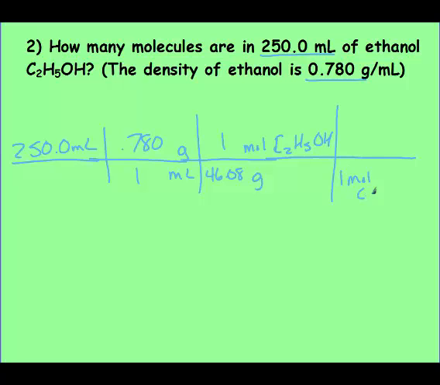And then 1 mole of ethanol is 6.022 times 10 to the 23rd molecules. I need 4 sig figs. Don't forget that times 10 to the 24th.